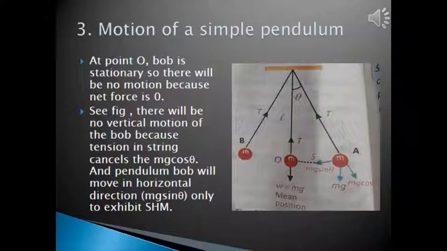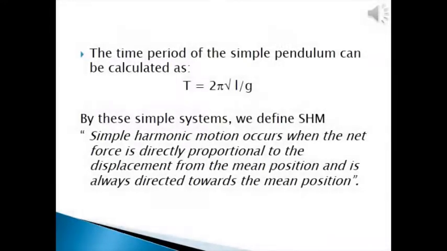So there will be no vertical motion of the bob because tension in the string cancels the mg cos theta, and the pendulum bob will move only in the horizontal direction to exhibit SHM. The time period of a simple pendulum can be calculated by the formula T is equal to 2 pi under root L over g, where L is the length of the string with which the bob is attached, and g is the acceleration due to gravity.